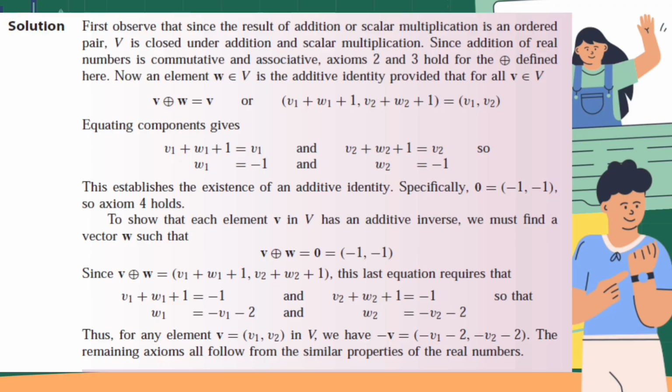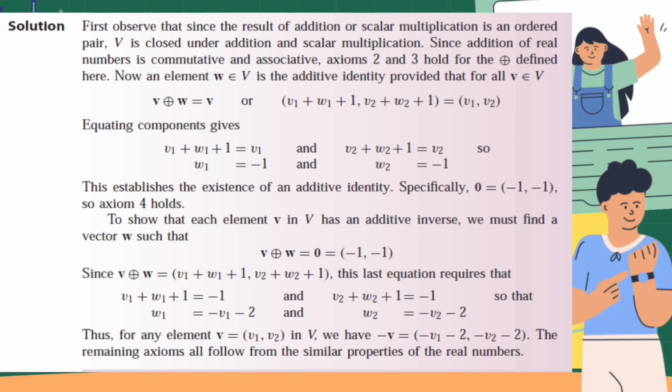For the solution, closure holds, the results are still ordered pairs. Commutativity and associativity are inherited from the real numbers. Then check for the additive identity. Solving (v1 plus w1 plus 1, v2 plus w2 plus 1) equal to (v1, v2), it gives w1 equal to negative 1, and w2 equal to negative 1.